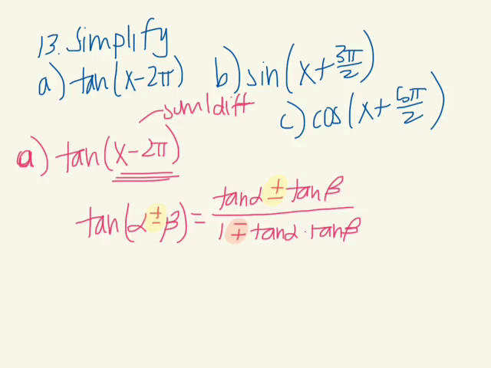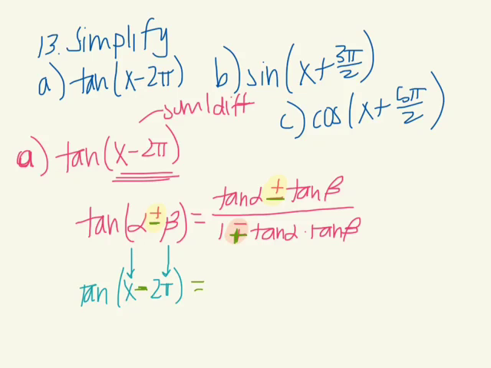So for the one that we are doing, we're doing tangent of x minus 2 pi. So what that means is that everywhere there's an alpha, we're going to replace it with an x, and everywhere there's a beta, we're going to replace it with a 2 pi, and then since we're using a minus here in the middle, we're going to use a minus here on the left, a minus up top on the right, and on the bottom we're going to use the plus.